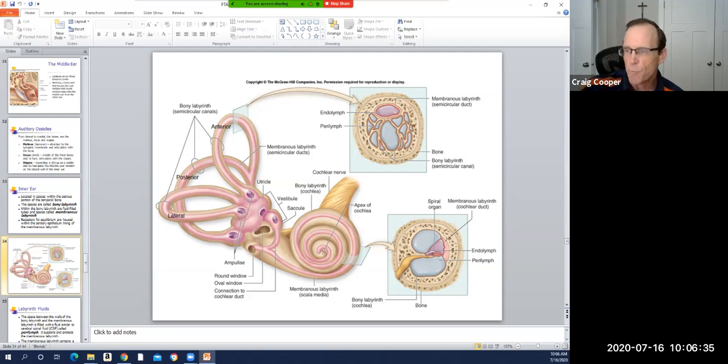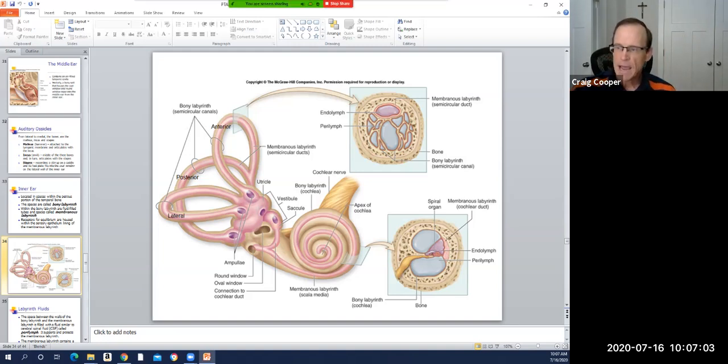The three loops that we see are an anterior, a posterior, and a lateral. These are more about rotational motion, not planar or linear motion. These are more about angular motion. They're oriented basically to the three planes: sagittal plane orientation, transverse plane orientation, or frontal plane orientation.